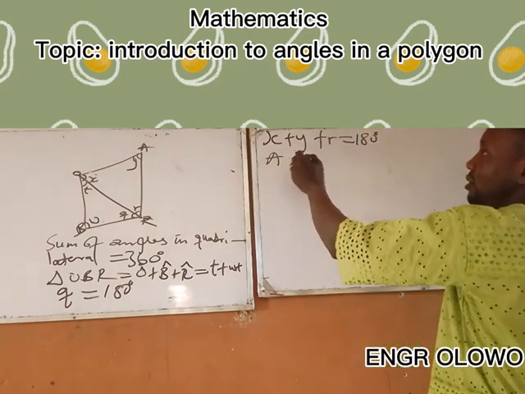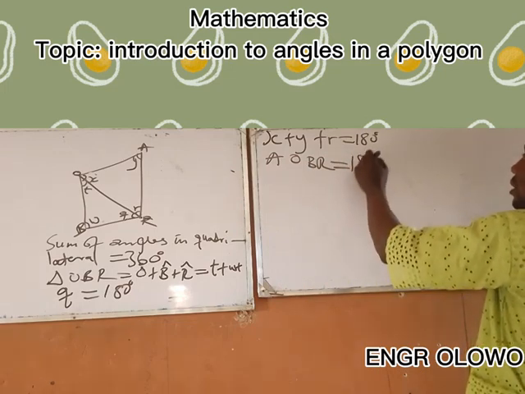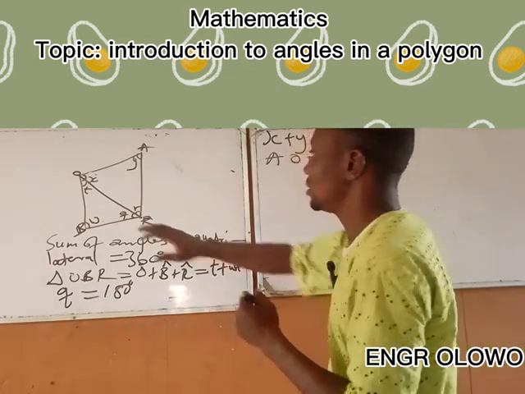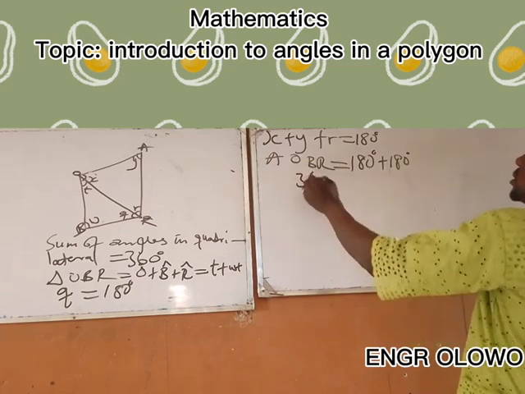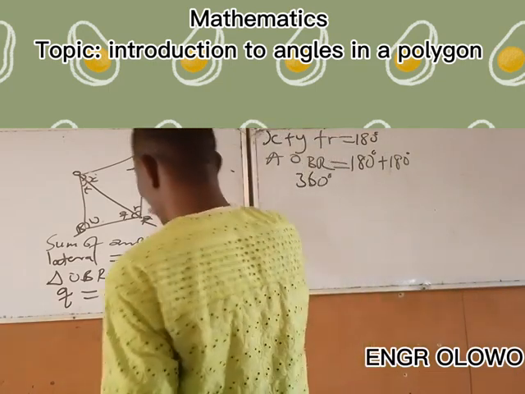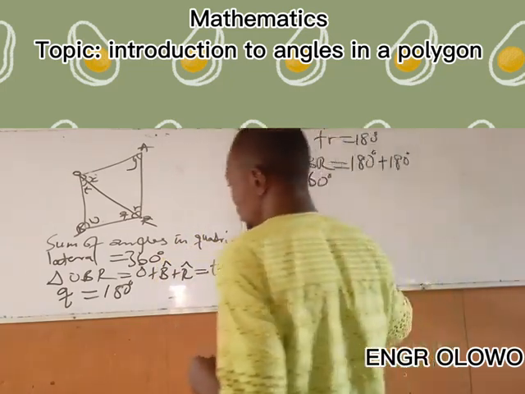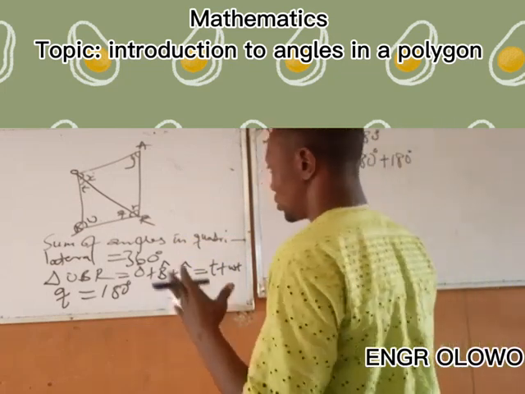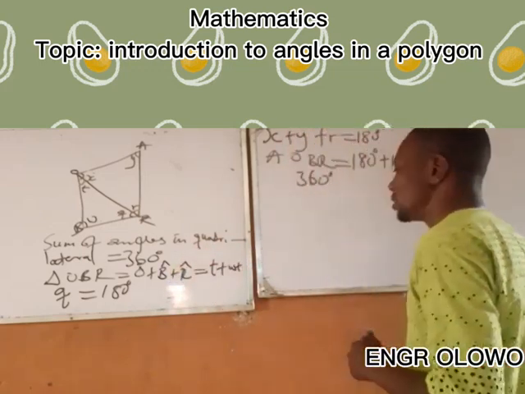Then in the second triangle, we have X plus Y plus R equal to 180 degrees. That's the second triangle, triangle AOR. Now, when we consider the entire quadrilateral AOBR, the four given sides, we consider the two triangles inside together. The first one is 180, the second one is 180. If you add the 180s together, we have 360 degrees.